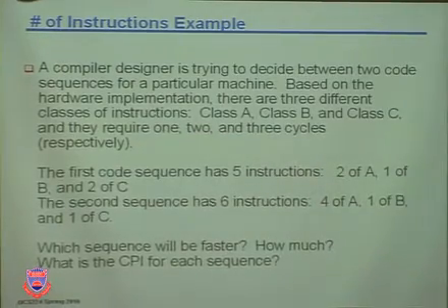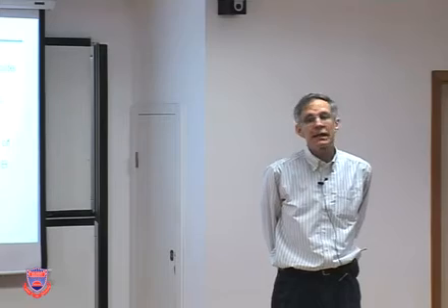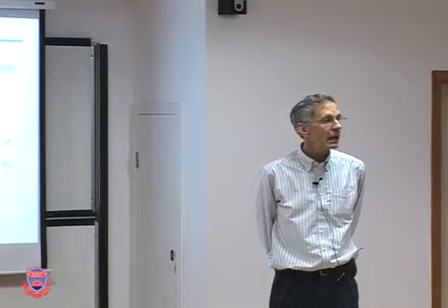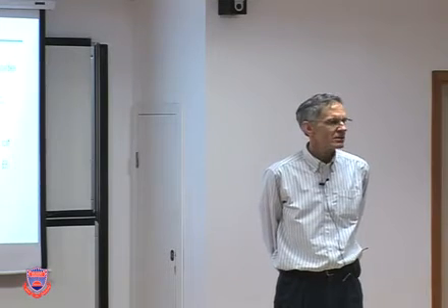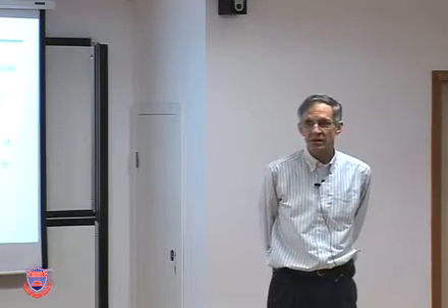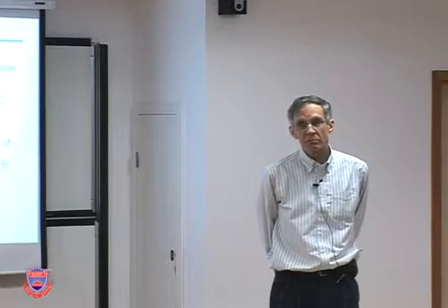Fewer cycles doesn't mean faster unless the clock is the same in both. But if the clock is the same, fewer cycles means faster. Smaller CPI by itself doesn't mean faster. Total number of cycles might mean faster if the clock cycle time is the same. In this case, the clock cycle time is the same.